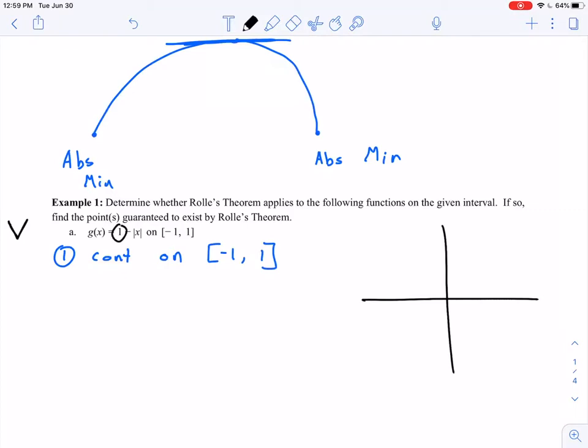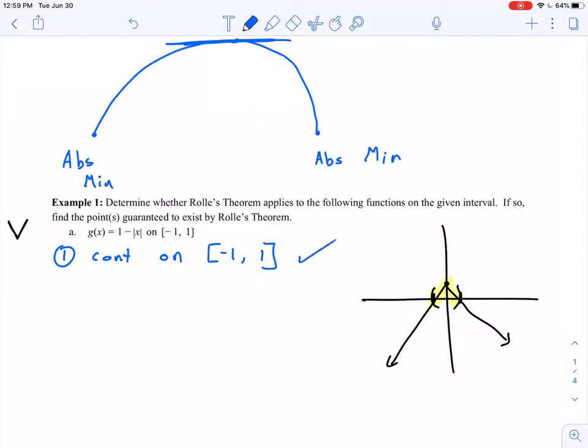We've gone up 1 unit, and then we have a reflection across the x-axis. So our function should look something like this. So if we say -1 to +1, if we're looking at just this little section right here, yeah, that looks continuous to me. There's no jumps or holes or anything like that.